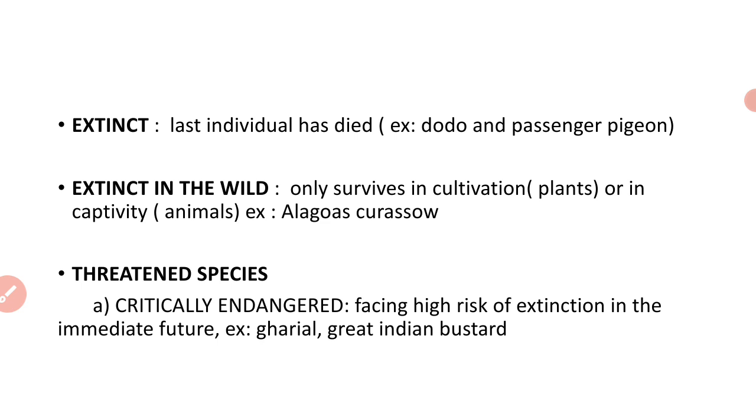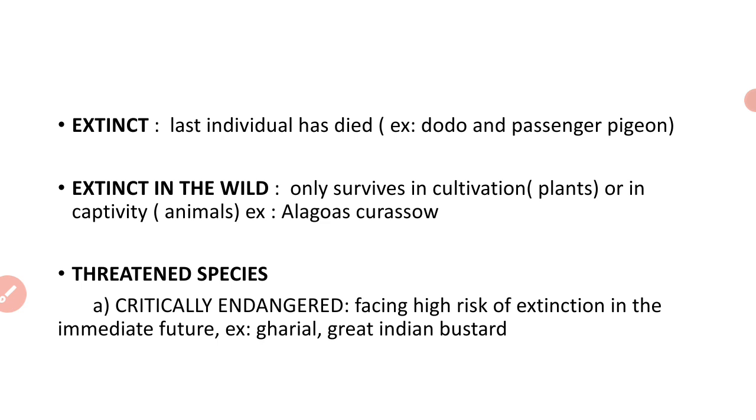These three categories are classified according to 5 parameters. First parameter is the population size reduction. If the population size reduction is huge, for example it is more than or equal to 90%, then it comes under critically endangered.